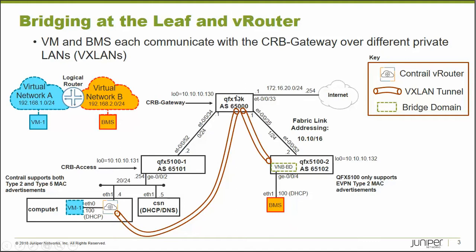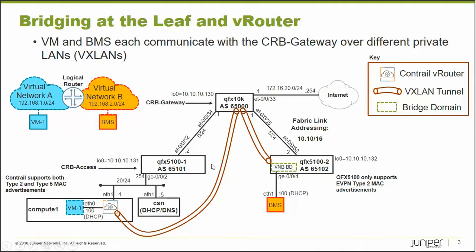But what actually happens on the QFX 10K, we'll show you in a second. First off, I want to show you what happens at the leaf, which is kind of the point of this slide. On the compute node from the VM, the QFX 5100 at this point, when it comes to forwarding traffic from this VM, will just see VXLAN packets coming in and out from this VXLAN tunnel here. That actually will traverse this path as opposed to around here.